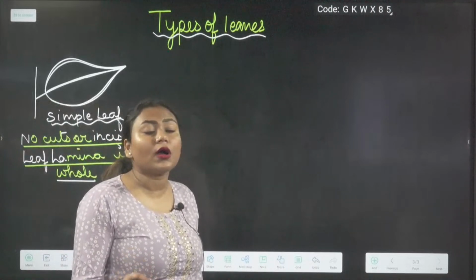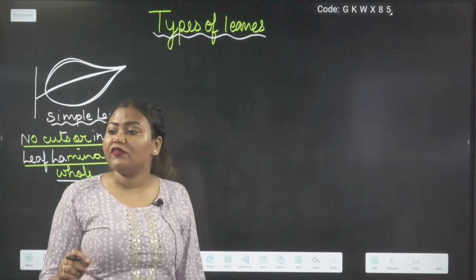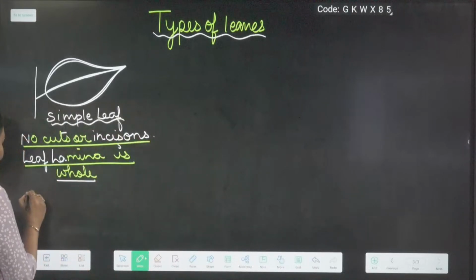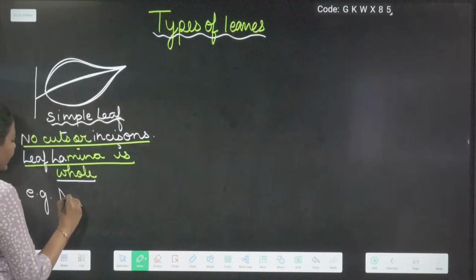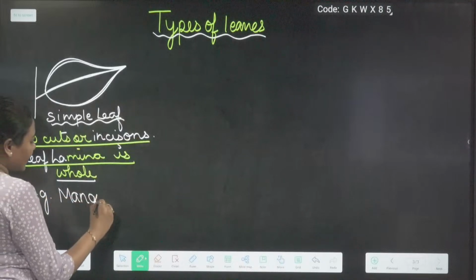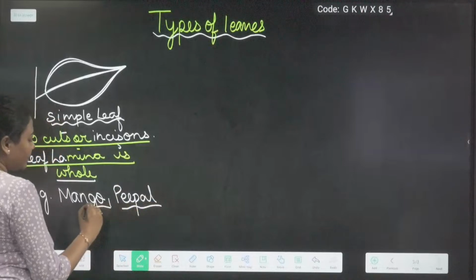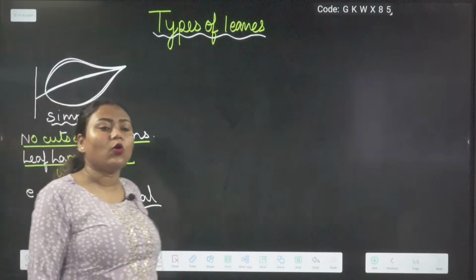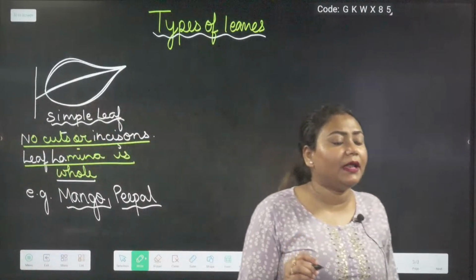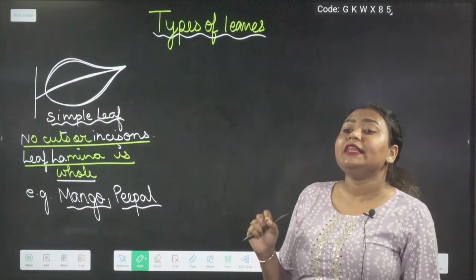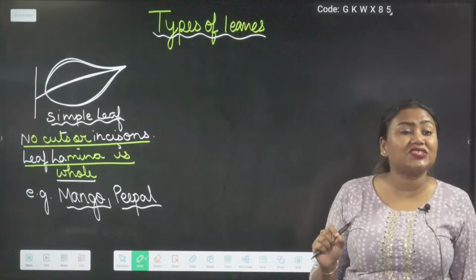Now, what is the example of a simple leaf? Two examples are there. One is your mango, another one is your peepal. In a simple leaf, there are no cuts or incisions. The leaf lamina is whole. Please remember.